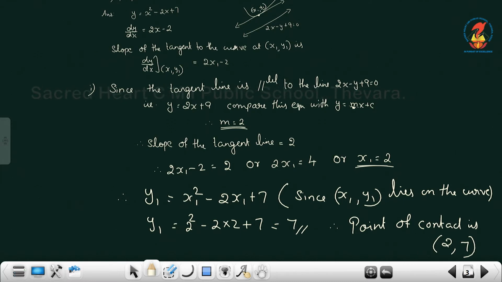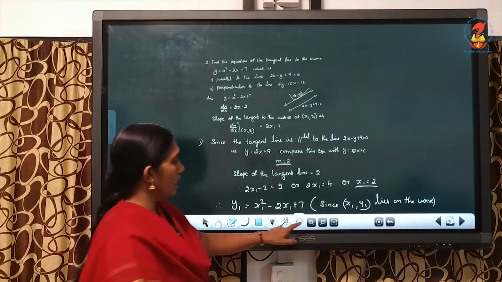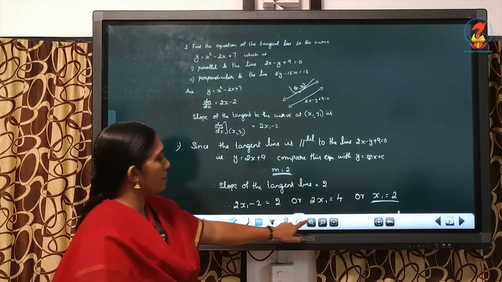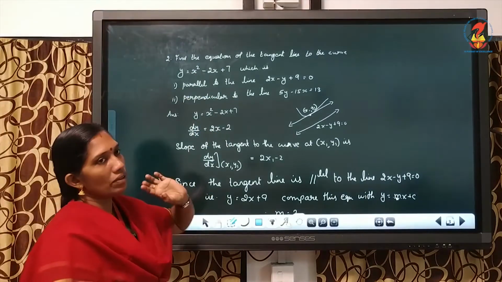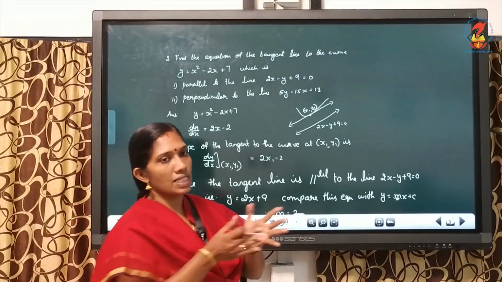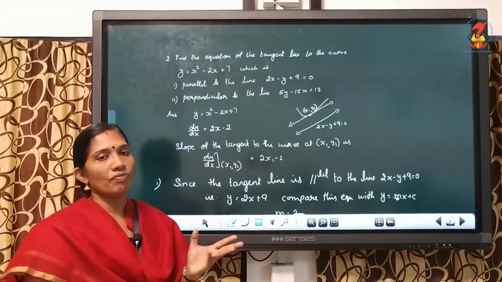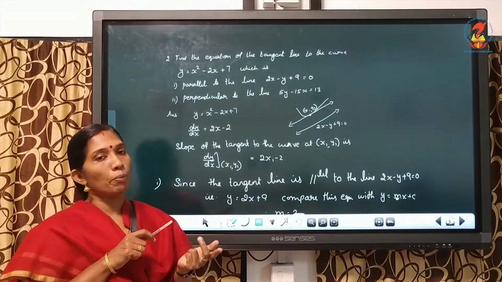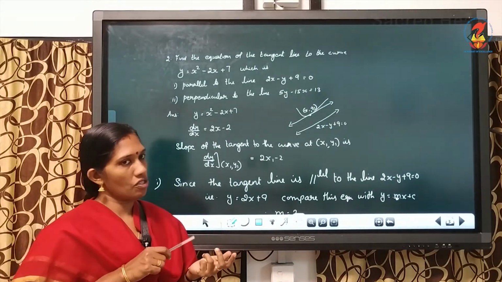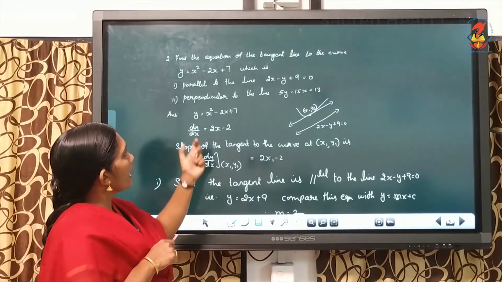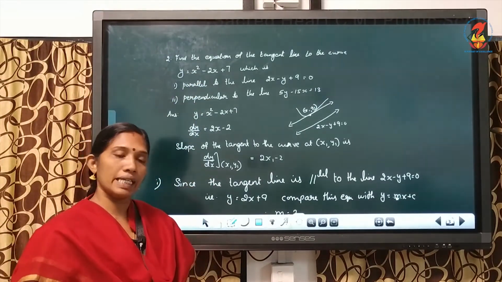Understood this much? So in this question we have to find the equation of the tangent to the curve, which is parallel to another line. For writing the equation we need the slope and the point of contact. Here the point is not given, slope is not given. Slope we can find by using the relation that the tangent and the given line are parallel.